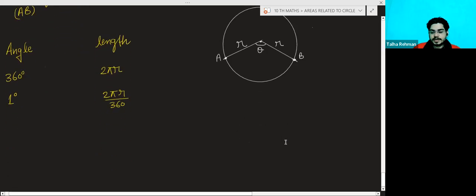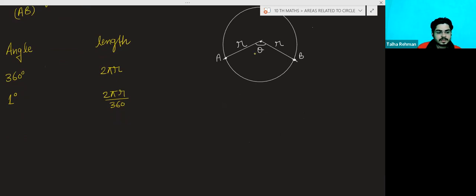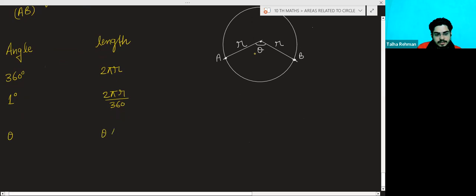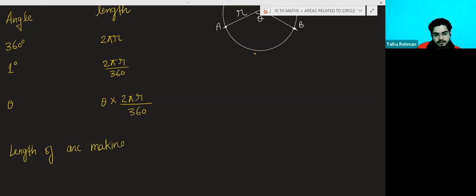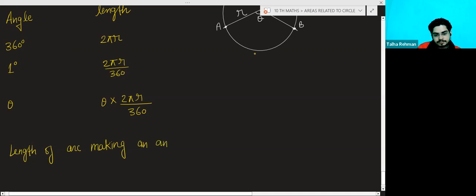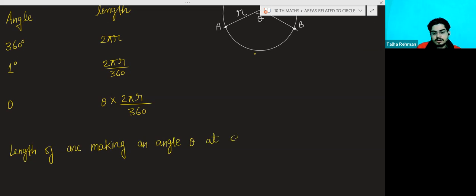Now for any particular angle theta, the length of the arc will be theta multiplied by 2 pi r divided by 360. So length of arc making an angle theta at center is equal to theta multiplied by 2 pi r divided by 360.